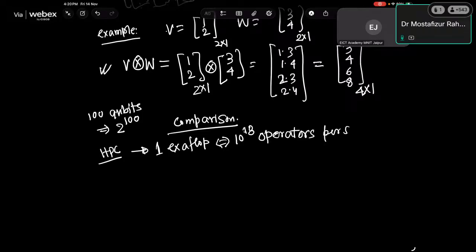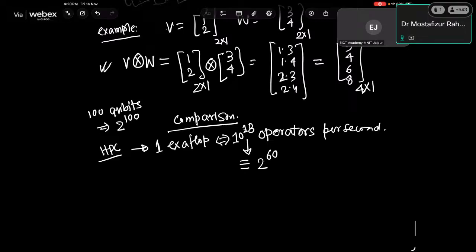And here you represent your numbers in the decimal system, but if you represent in the binary bitwise representation, it's equivalent to 2 to the power 60, right? So that means you can seamlessly do 2 to the power 60 operations per second on the best classical HPC, high performance computer or the supercomputer, right?